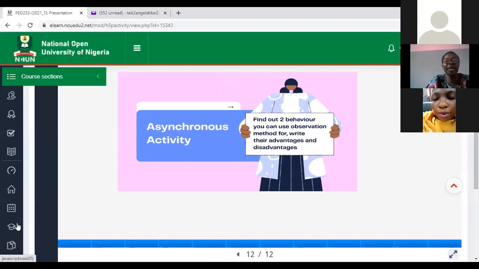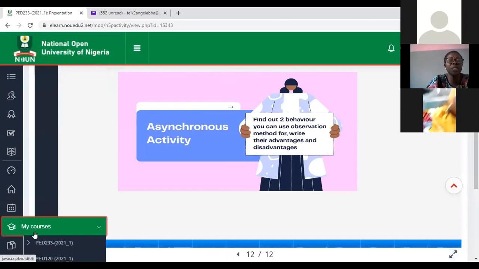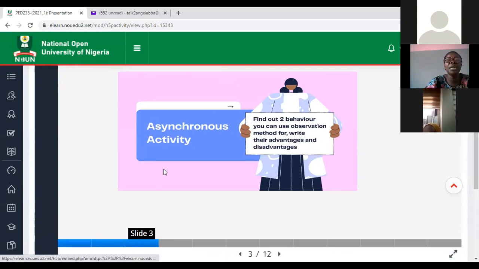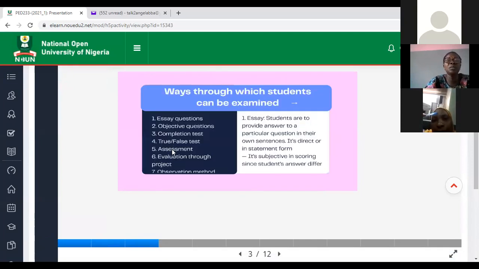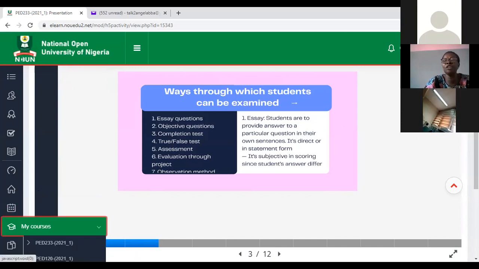So we have the essay type of question, objective type of question, the completion question, true or false, project type of question, and assessment question. You have evaluation, two projects, I have said that, and you have observation. These are 7 types of questions that come up in religion and moral studies.